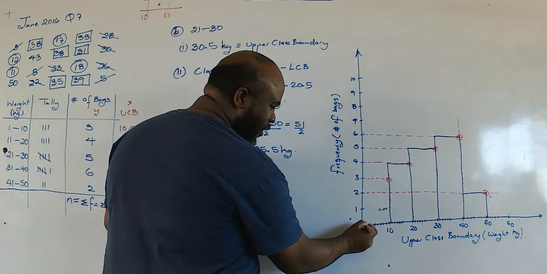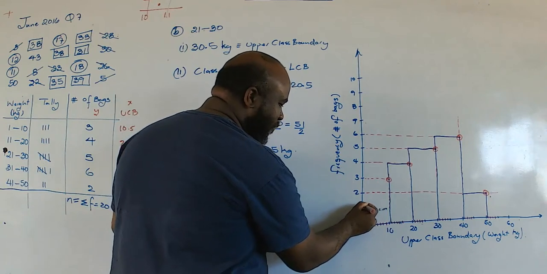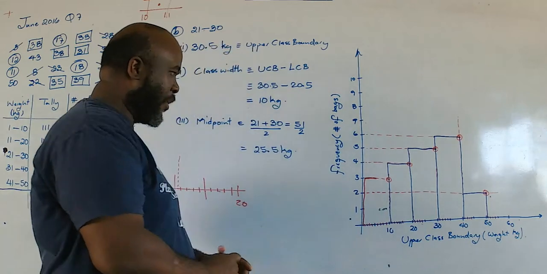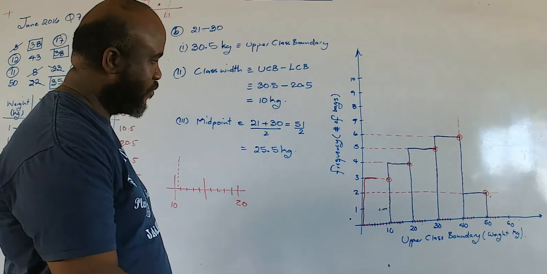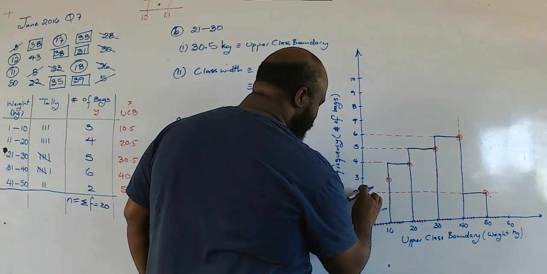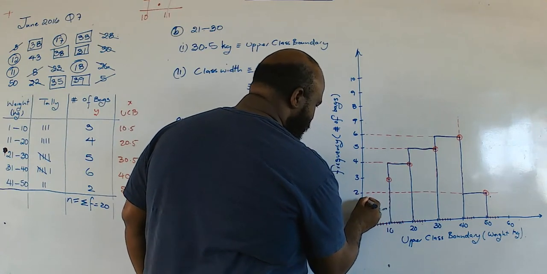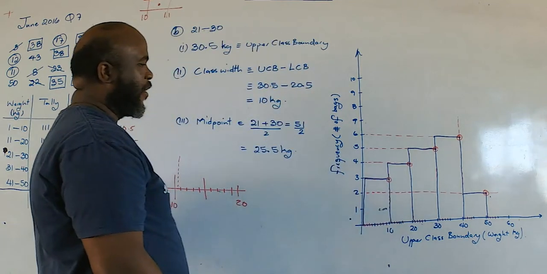This is 0, this is 1, in between it is 0.5. That is the first bar.